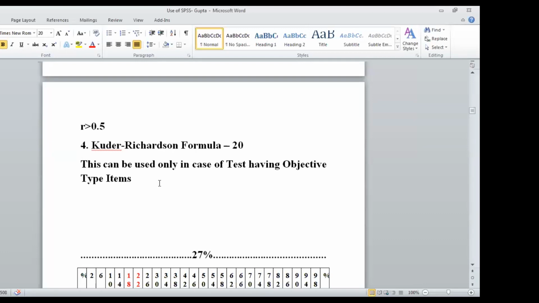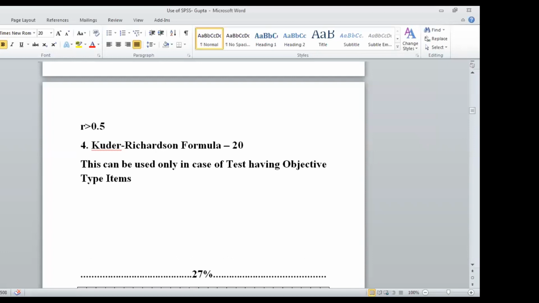But in case of scale and inventory, your answer cannot be incorrect because there is no fixed answer. So that is the point that you should understand. And here you should have objective type questions, multiple choice, fill in the blanks, whatever you want to have.